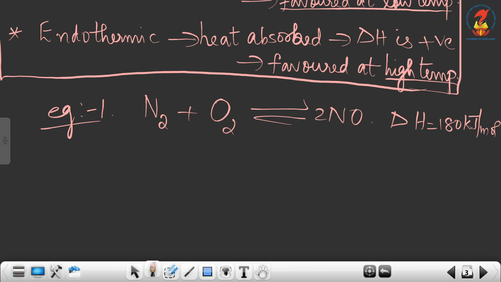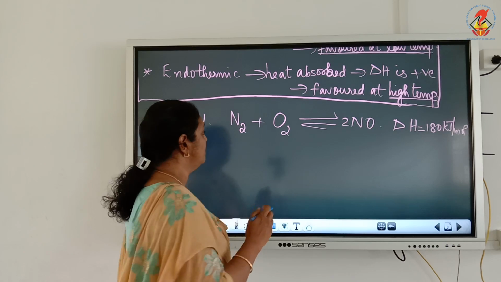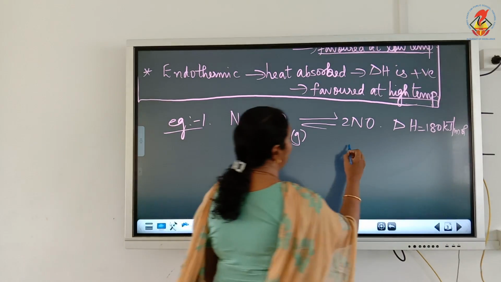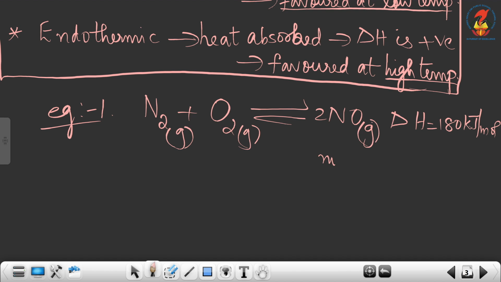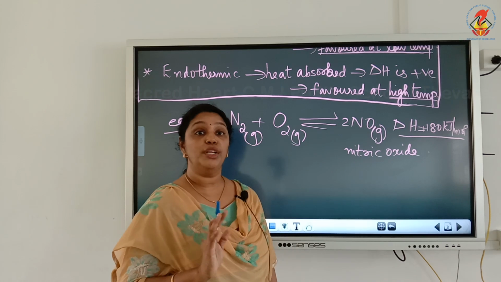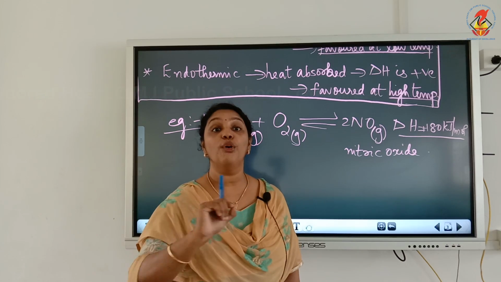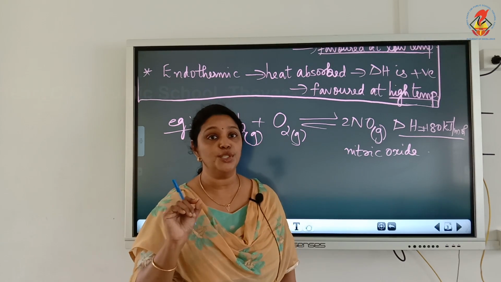Here nitrogen gas plus oxygen gas, all the reactants are in gaseous state, gives nitric oxide, NO. 180 kilojoule per mole means it is positive. So we know if delta H is positive, then the forward reaction is endothermic.